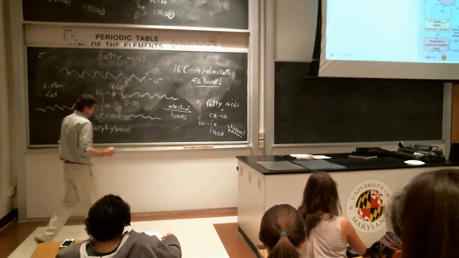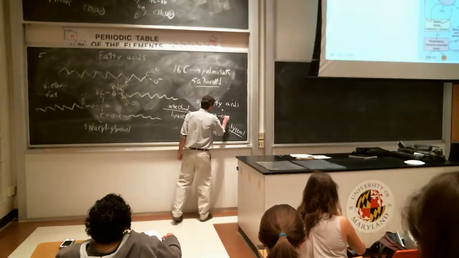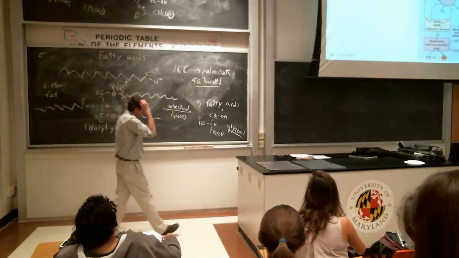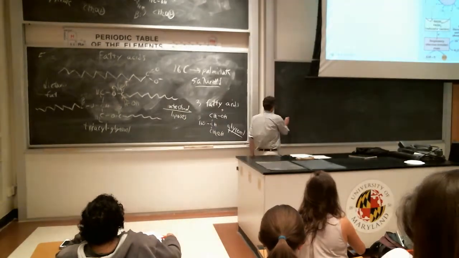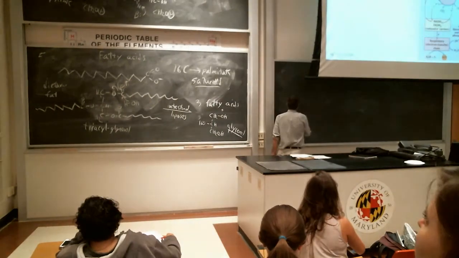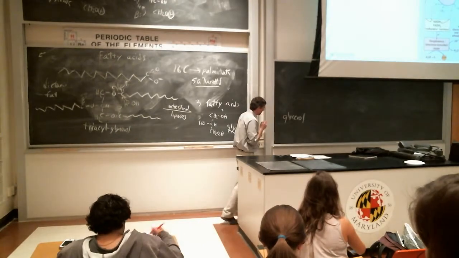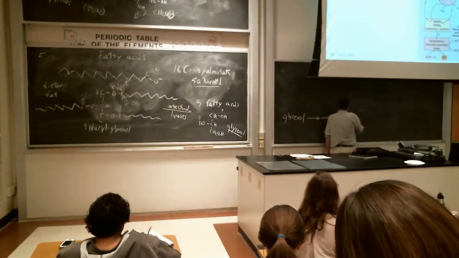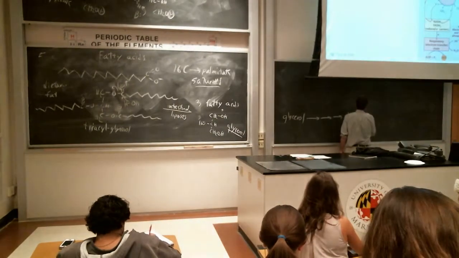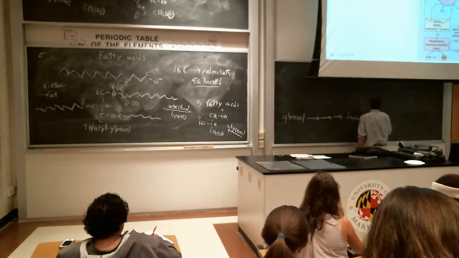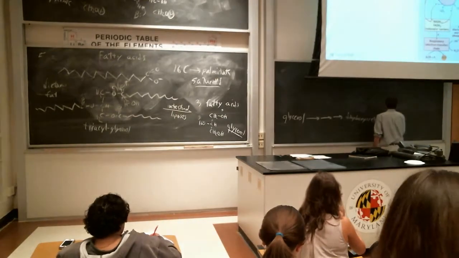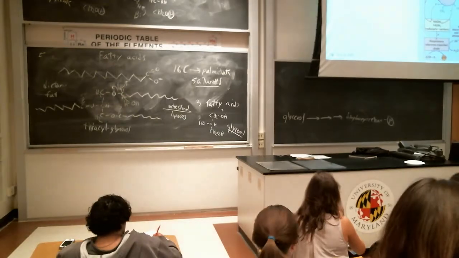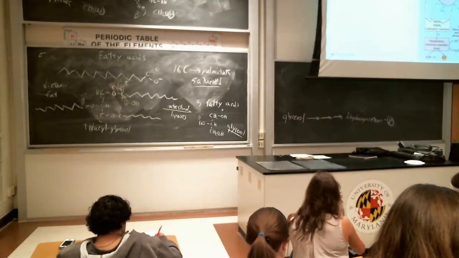Glycerol is extremely soluble in water. Let me just say, without going into detail, glycerol is metabolized in 3 steps to make dihydroxyacetone phosphate. And now once it's been made into dihydroxyacetone phosphate, that can be metabolized in any way that DHAP can be metabolized.